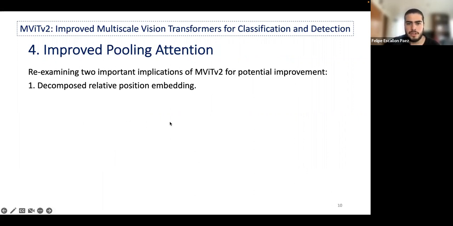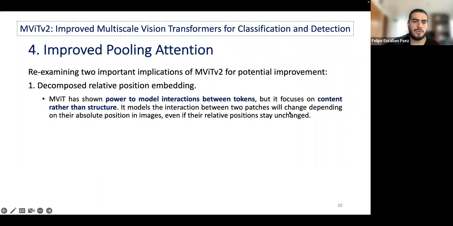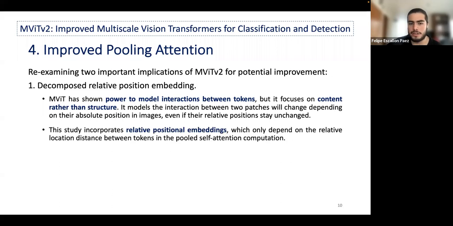So in the improved pooling attention, what they first proposed is a decomposed relative positional embedding that, as I already mentioned, is to include the positional embedding in the transformer. It is decomposed, you will see, because the computational power required is much smaller.